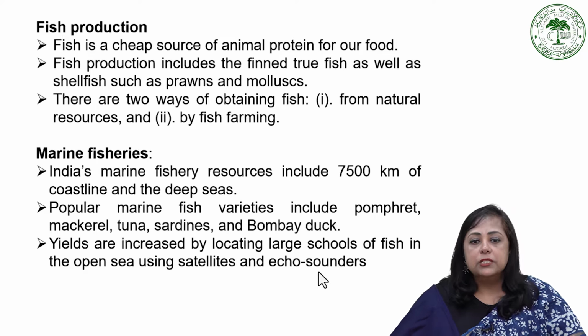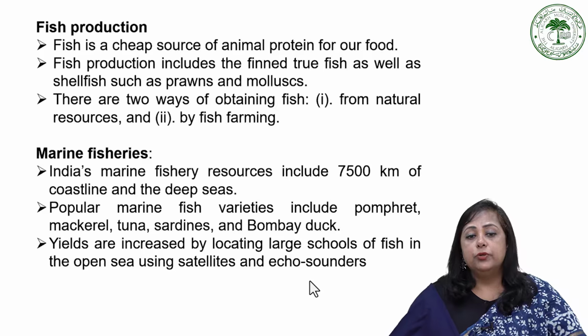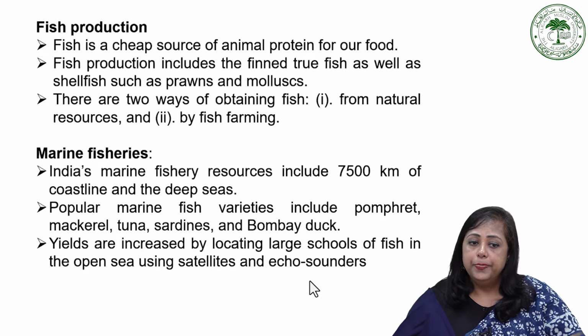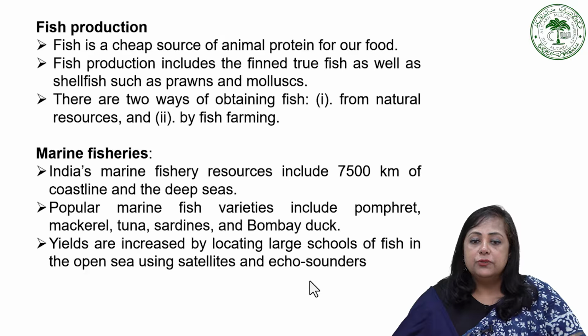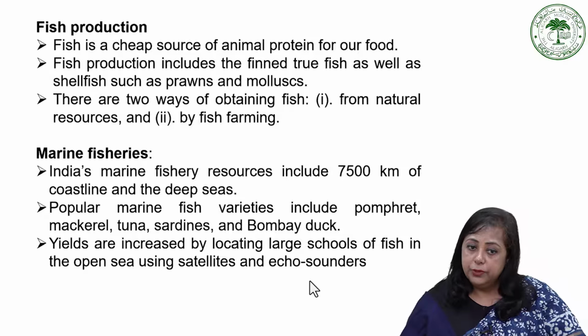Marine fishes. India's marine fisheries resources include 7,500 kilometers of coastline and the deep seas. Popular marine fish varieties include pomfret, everybody knows pomfret, mackerel, tuna, sardines, and Bombay duck. So these are some very nice, very important marine fishes, seafood.